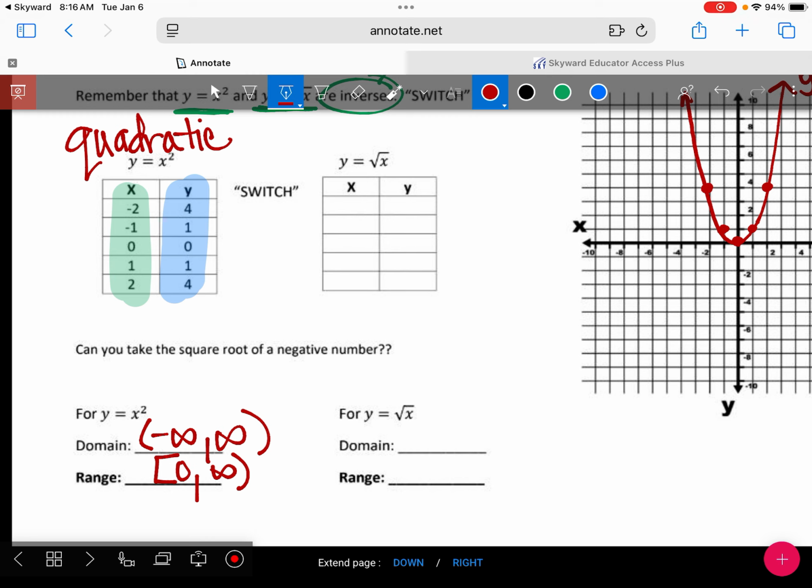All right, so now let's go ahead and flip this table, because remember, that's how we find our inverse. So what I want you to do, I want you to take the values that we have listed in X and put them here. So let's take these 5 numbers and write them in the Y column. So that would be a -2, a -1, a 0, a 1, and a 2.